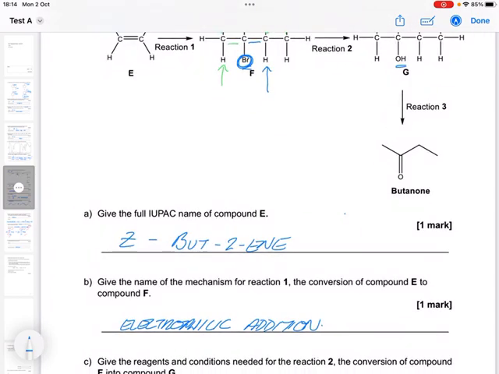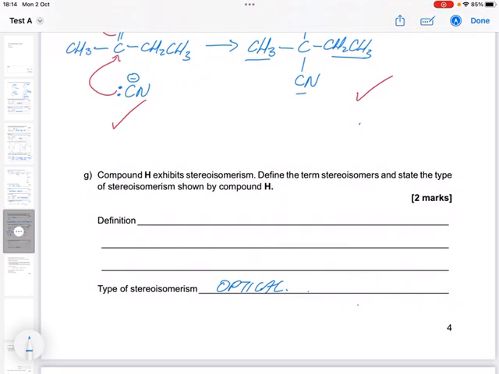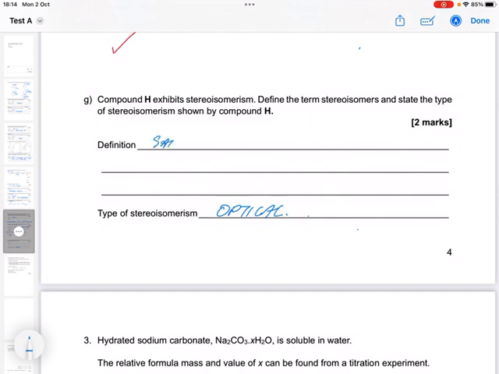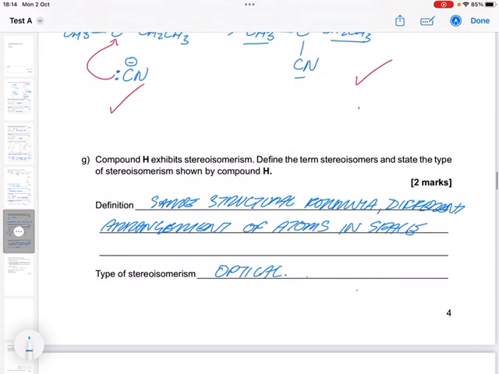And then the definition of that then is that it has the same structural formula with a different arrangement of atoms in space. So 2 marks, 1 for the definition, 1 for the type of optical isomerism.